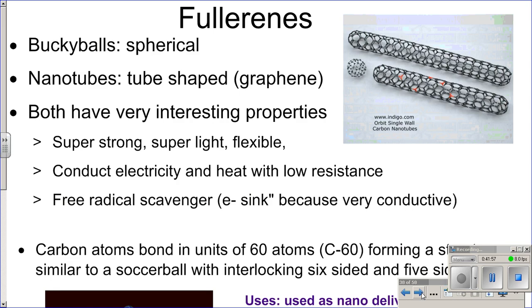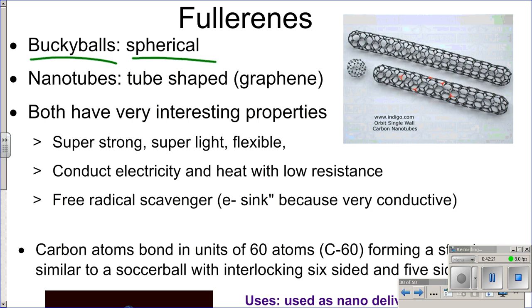So buckyballs are fullerenes, and nanotubules are all kind of in the same category. They're huge, like 50 plus carbon atoms. They have lots of different shapes that they take on. Buckyballs are spherical, like my friend Bucky here. Somebody made this last year for me. It's like a soccer ball.